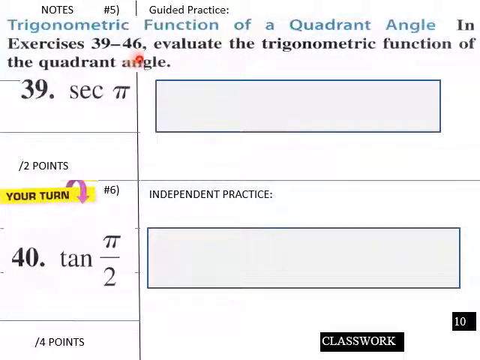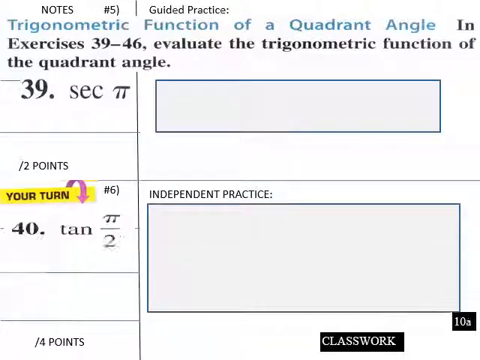So in these exercises, evaluate the trig function of the quadrant angle. So what would secant theta be? Students, this is yours down here, tan of pi over 2. Okay, so we're going to evaluate trig functions at a quadrant angle here.